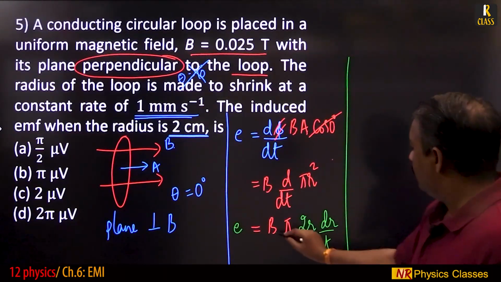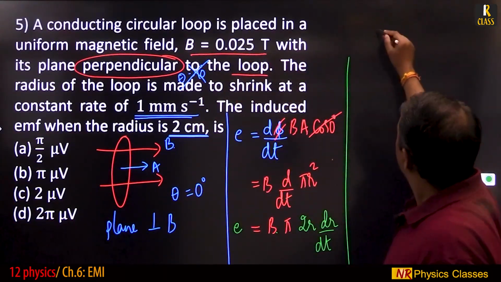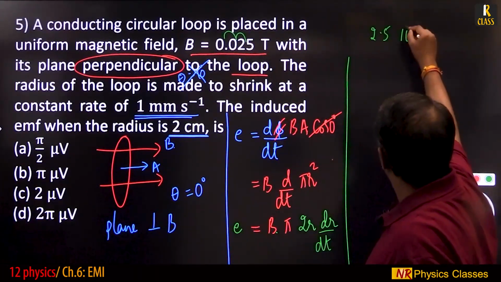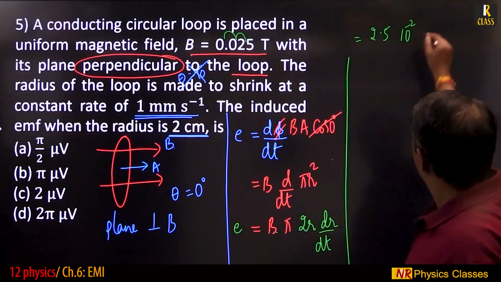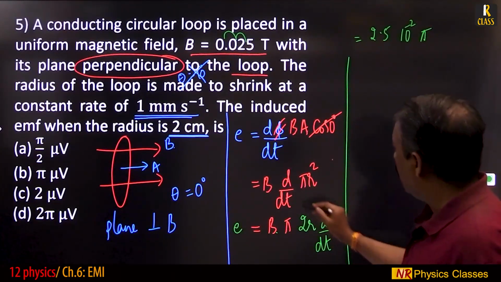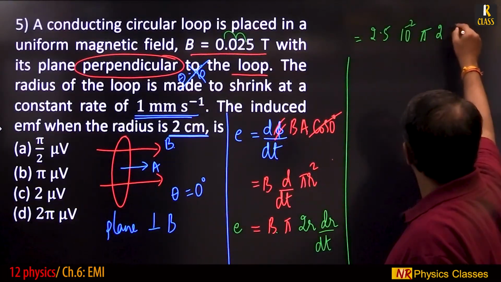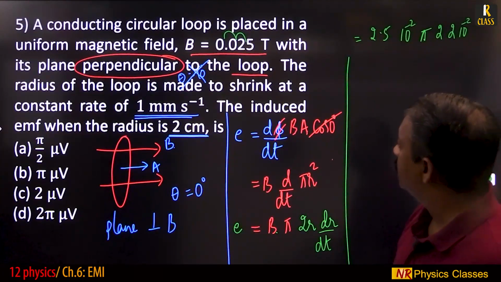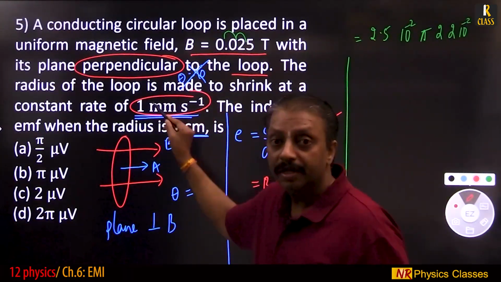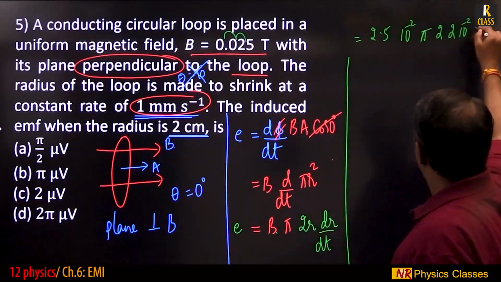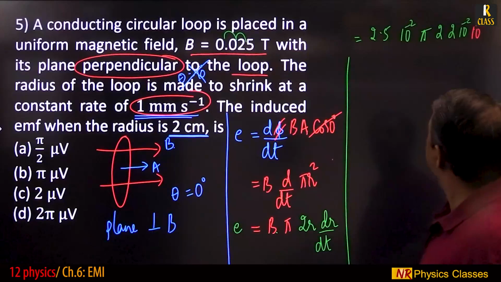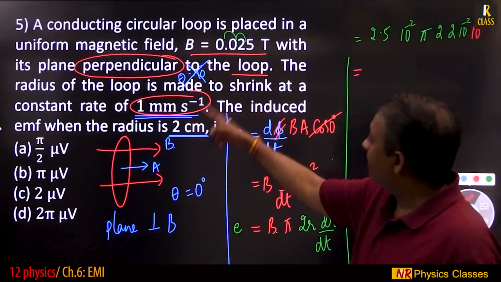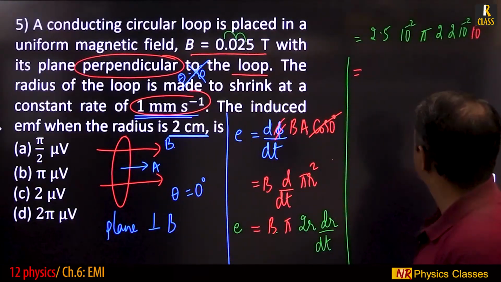Now, B, the magnetic field, is 2.5 times 10 to the power of minus 1 times pi. 2r, r is 2 centimeter, so 2 times 2 times 10 to the power of minus 2. dr by dt is 1 millimeter per second. Millimeter is 10 to the power of minus 3, so 10 to the power of minus 3. Number of turns is not mentioned, therefore take it as 1.